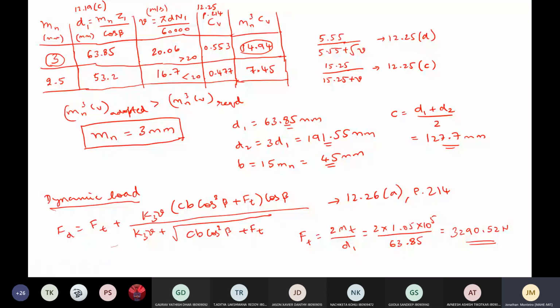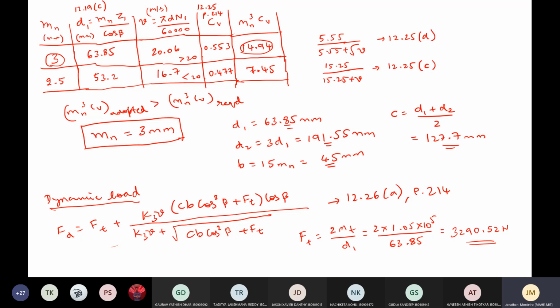The pinion was the weaker one, so we took that itself as a reference. So 2MT by D1 came to around 3290.52. We'll proceed from here. Since we have practiced enough, 5 problems already done in spur gears, we will proceed with this one too.